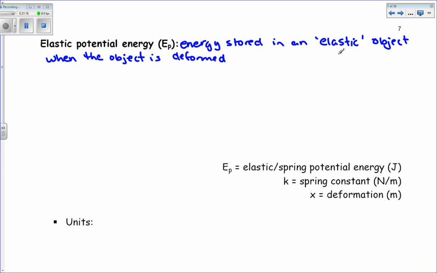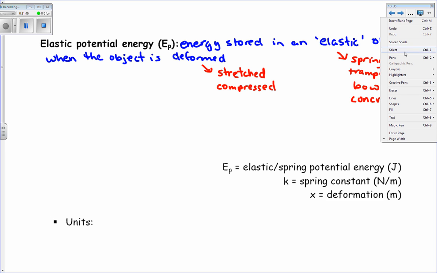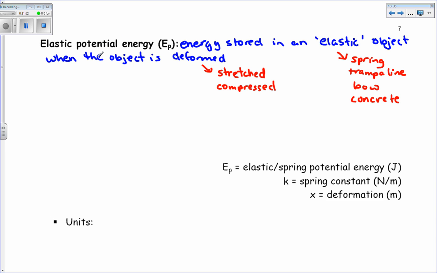An elastic object is things like an elastic, or a spring, or a trampoline, a bow, like a bow and arrow. Concrete is also a springy object. And deformed basically means stretched or compressed. When the object returns to its original shape, it no longer has any elastic potential energy.